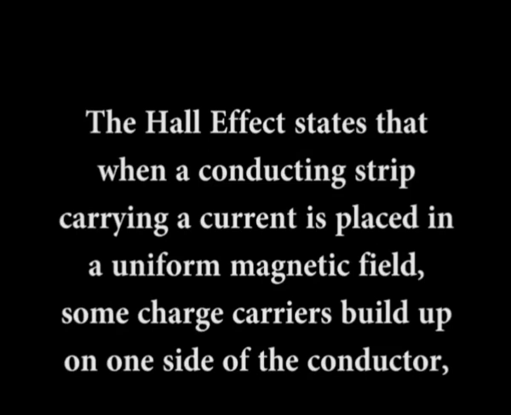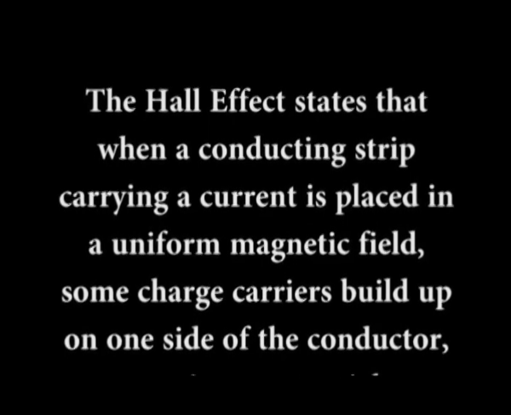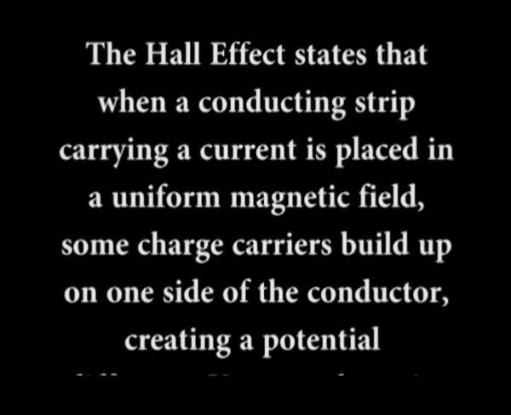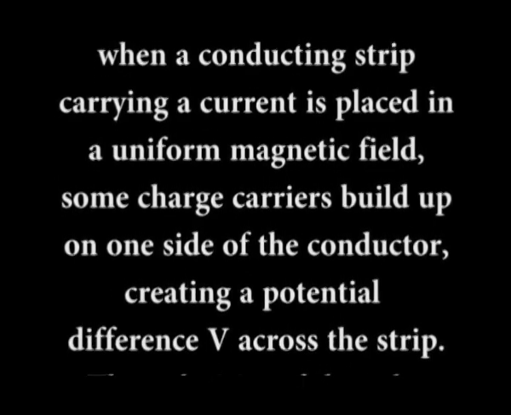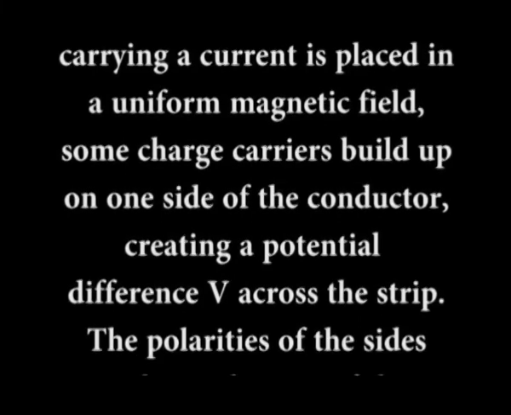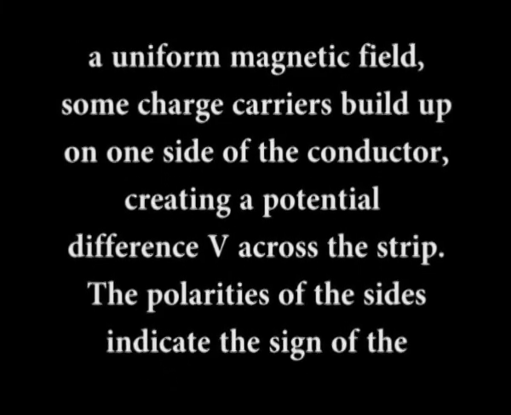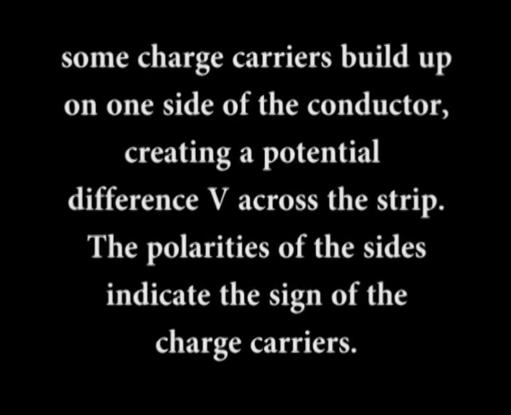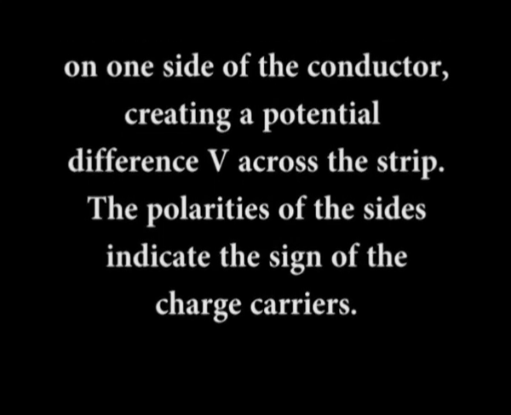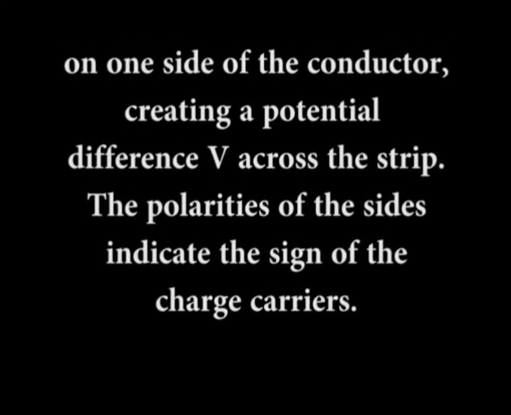The Hall effect states that when a conducting strip carrying a current is placed in a uniform magnetic field, some charge carriers build up on one side of the conductor, creating a potential difference V across the strip. The polarities of the sides indicate the sign of the charge carriers.